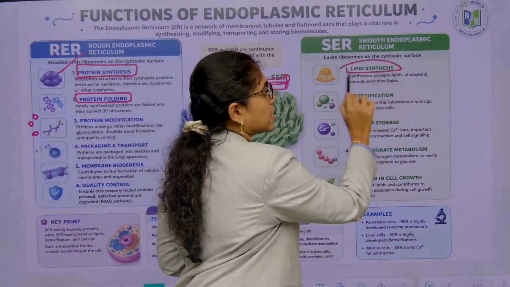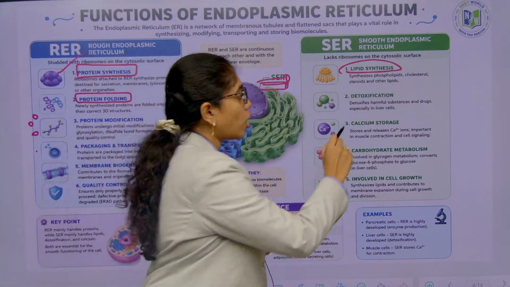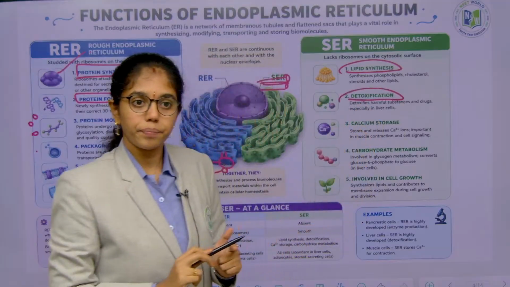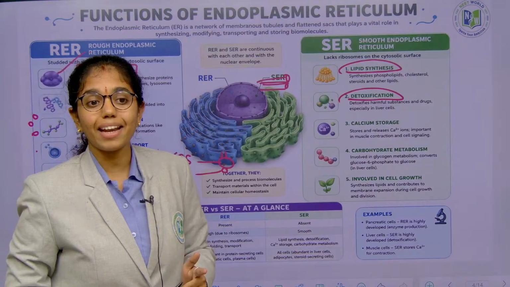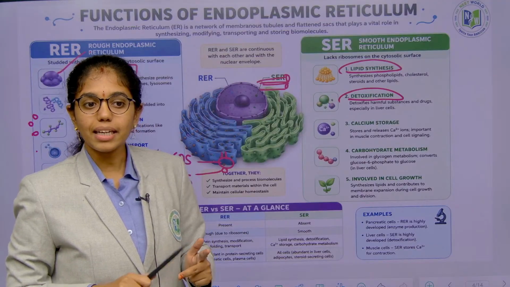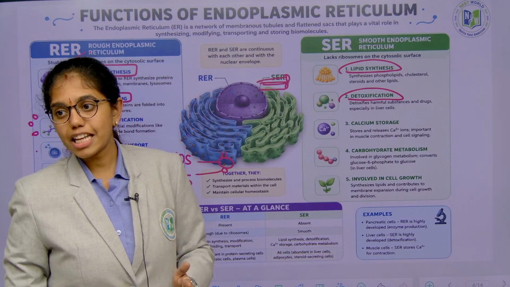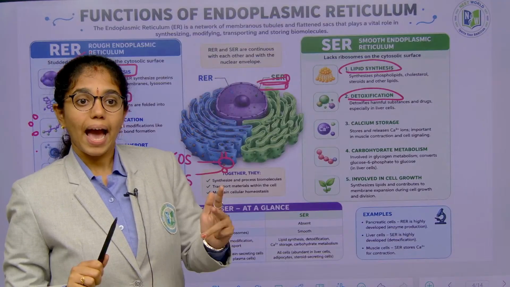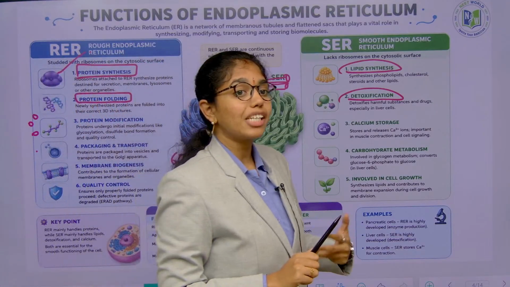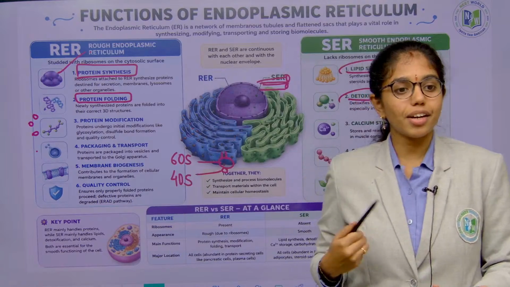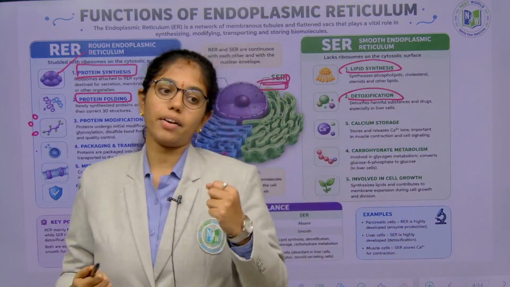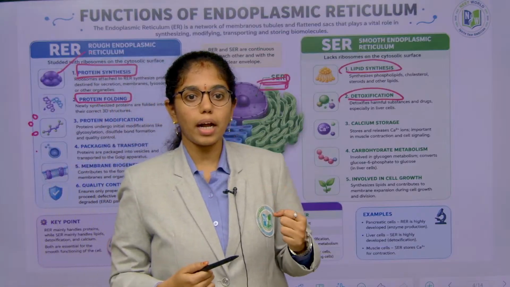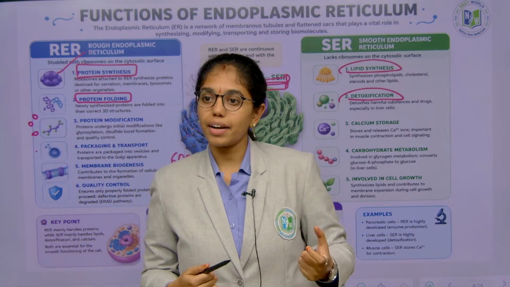Lipid synthesis, detoxification of drugs, and it is involved in the synthesis of steroid hormones in an animal cell. It also regulates calcium ion concentration, which controls muscle contraction and relaxation.